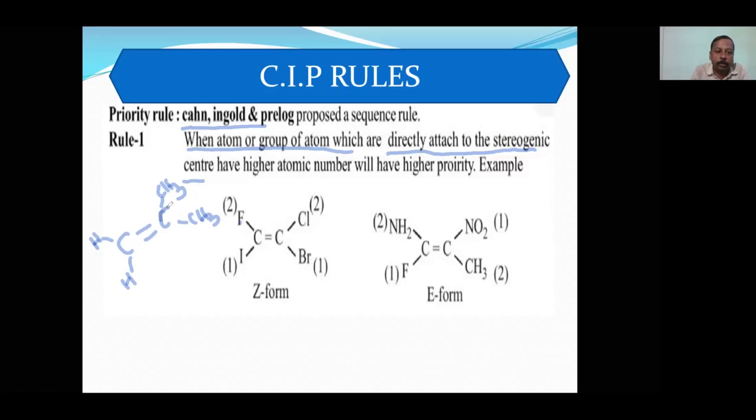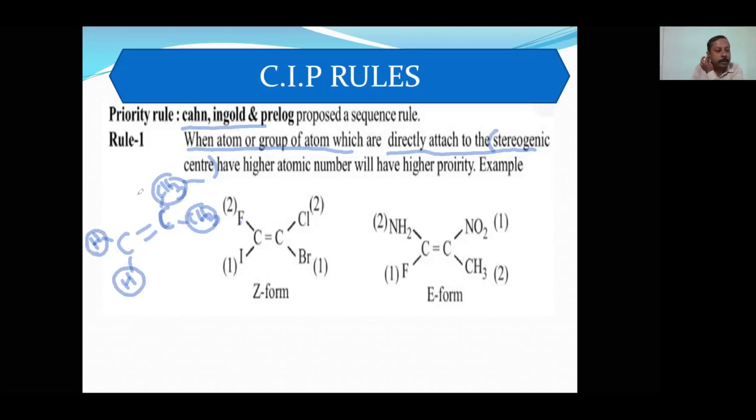When both groups attached on the same carbon are different, then only it is going to give you geometrical isomerism. Then it is called a stereogenic center. Here both groups attached on the carbon atom are the same, so there is no possibility of cis-trans isomerism, no geometrical isomerism at all.